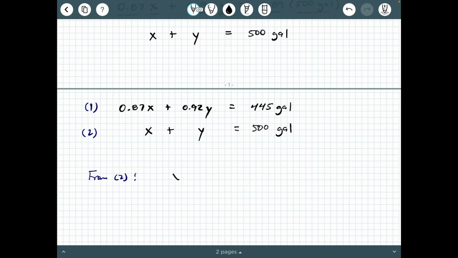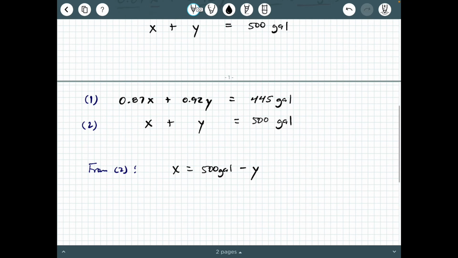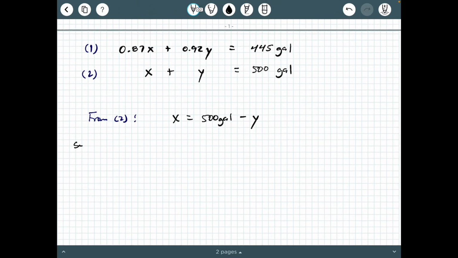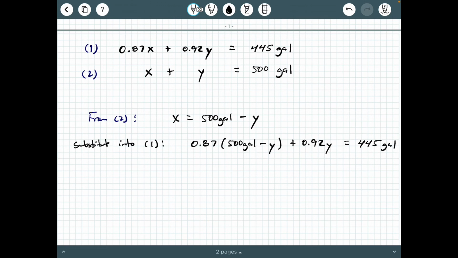We can say x equals 500 gallons minus y, and then we can substitute into equation 1, and then what do we end up with? We'll say 0.87 times 500 gallons minus y plus 0.92y equals 445 gallons, okay?